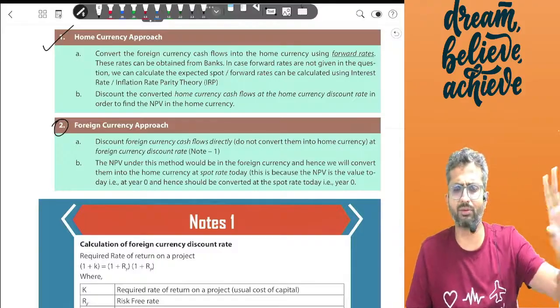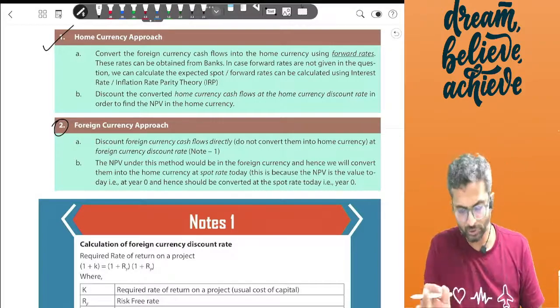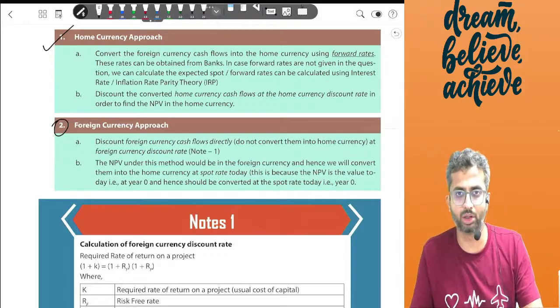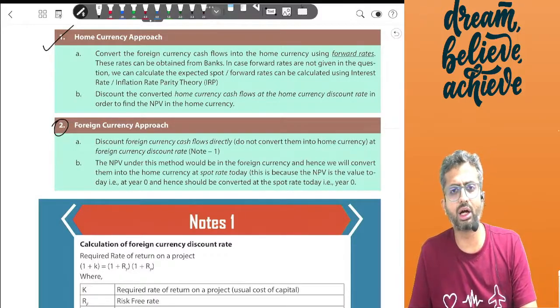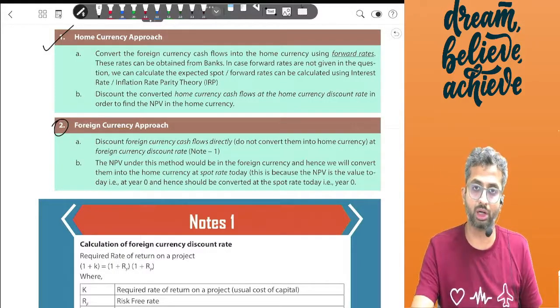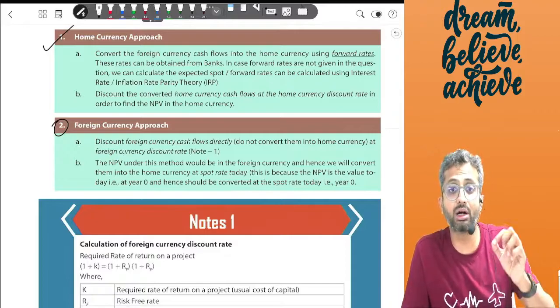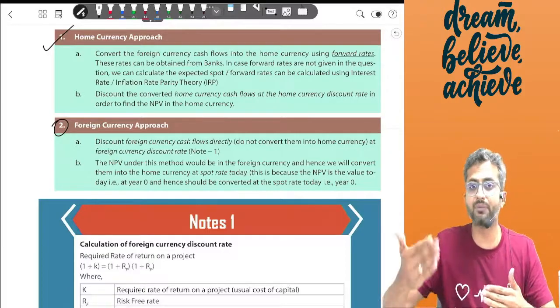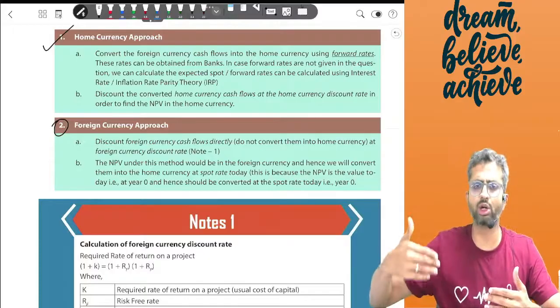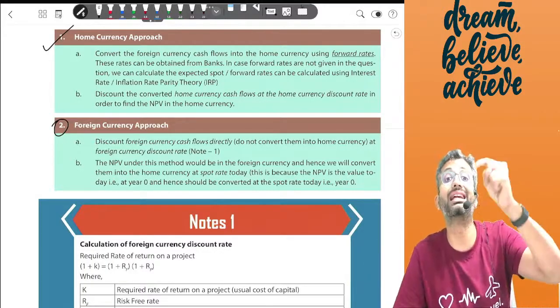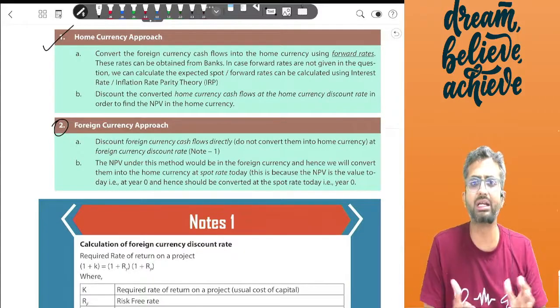Now how to derive the foreign currency discount rate, we will see. Once the NPV is in the foreign currency, you will convert it at the particular rate, because you want to make your decision looking at a rupee number. Now NPV is a net present value, which means if instead of getting $100, $200, $300 over the years, if someone were to give me that money today, how much would that be? That is a present value.